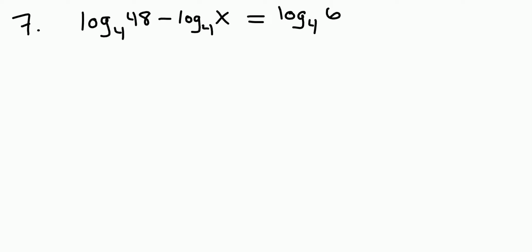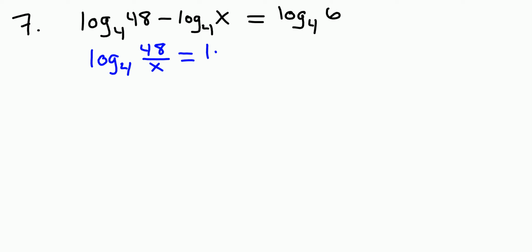Okay, so we have more than one logarithm on this side, so we need to condense. We're going to condense using the quotient property because we have subtraction. So we'll change this to log base 4 of 48 over x.